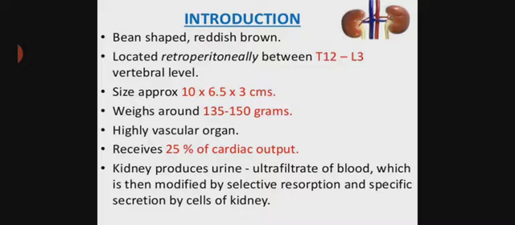It is a highly vascular organ, that means it has a very rich blood supply, and it receives about 25% of the cardiac output. That is, out of the 100% of output by the heart, about 25% is alone received by the kidney. And kidney produces urine, the ultrafiltrate of the blood, which is then modified by selective reabsorption and specific secretion by the cells of the kidney.